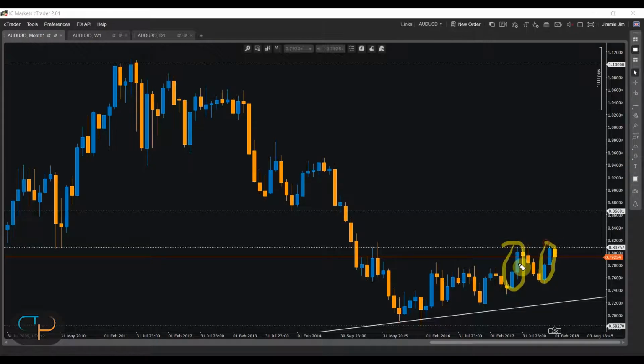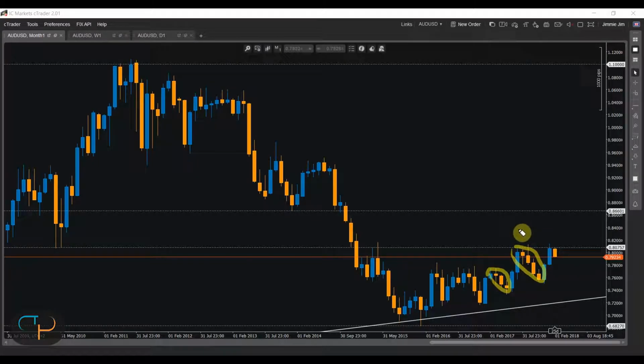These upward moves are very energetic, 2 candles, and the downwards moves are made up of more candles than the upward moves. And we could say that, okay, this is a bullish bias.